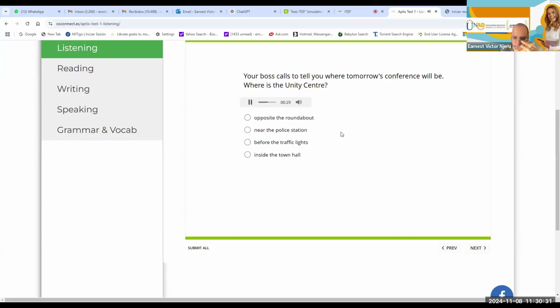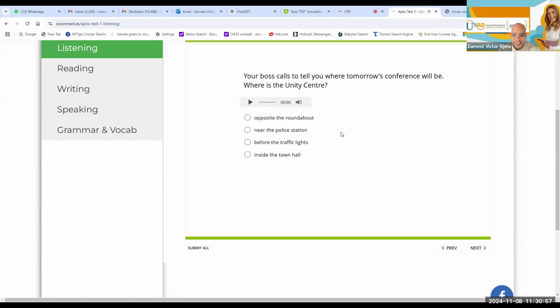Keep going for 500 meters and you will see the Unity Centre right behind the police station. The Unity Centre is located: 1. Near the police station. 2. Before the traffic lights. 3. Opposite the roundabout. 4. Inside the town hall.